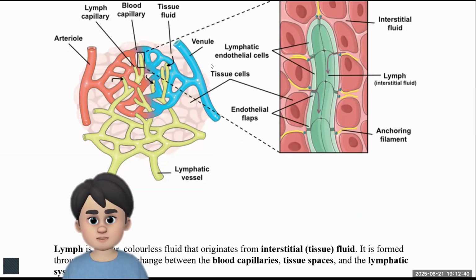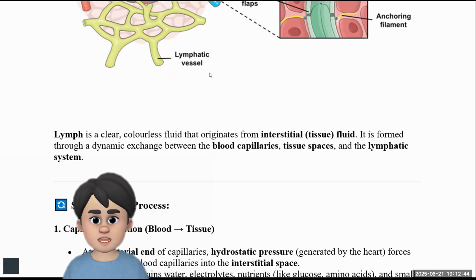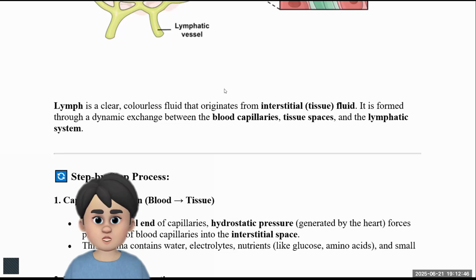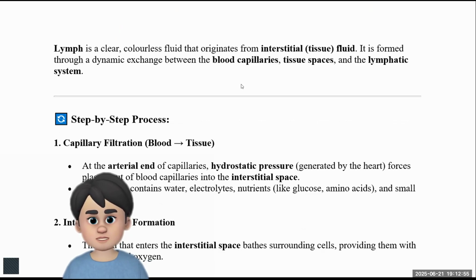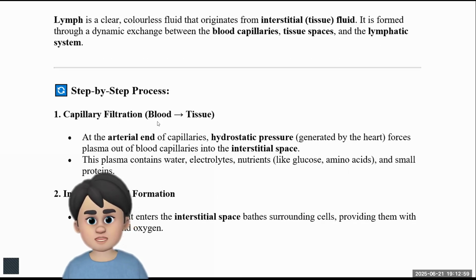Now if we take lymph, lymph is clear, right? Lymph is a clear colorless fluid that originates from the interstitial tissue fluid. It is formed through a dynamic exchange between blood capillaries, tissue spaces, and the lymphatic system. Right. So now here, capillary filtration. Capillary filtration is what we discuss now.